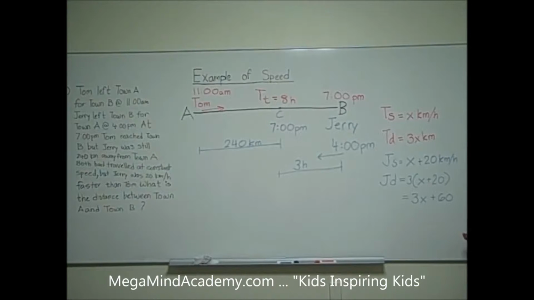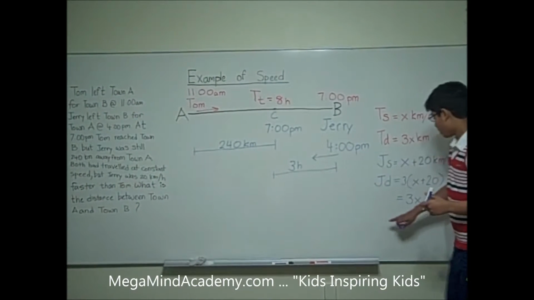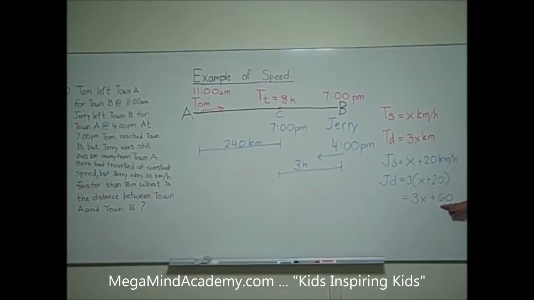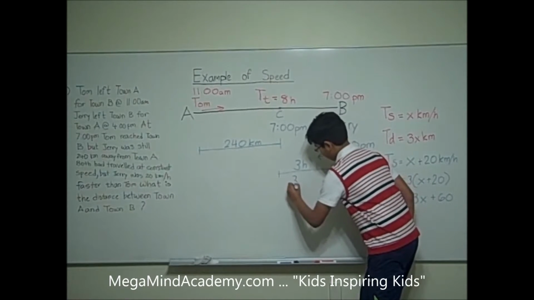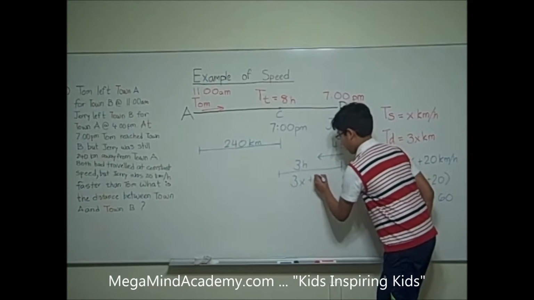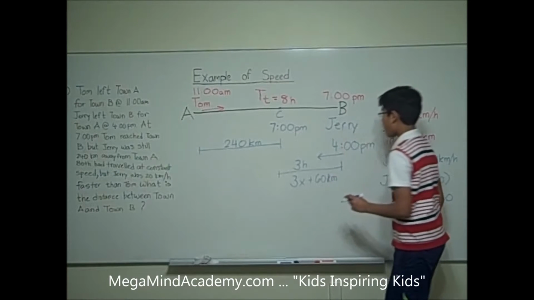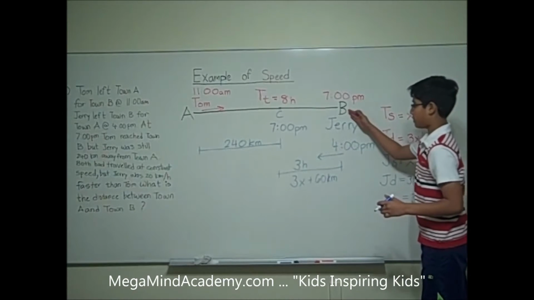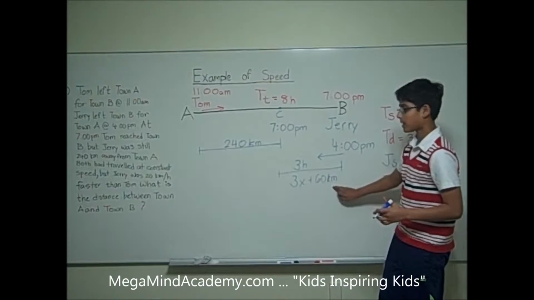So in 3 hours, Jerry traveled 3x plus 60 kilometers. So that means that the distance from town B to town C is 3x plus 60 kilometers.